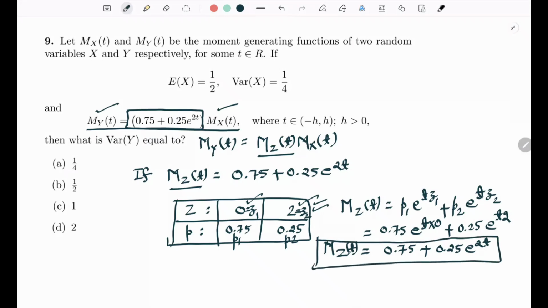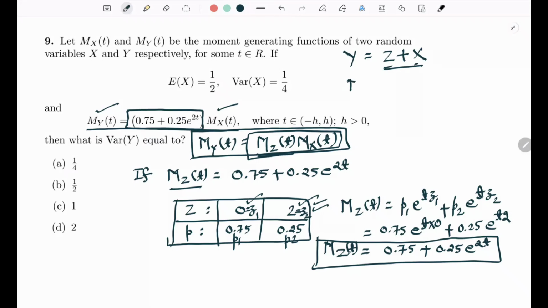So this MGF of Y is the product of two MGFs. We can say that Y is the sum of two independent random variables Z and X. Why? Because if Z and X are independent, then the MGF of their sum will be equal to the product of their MGFs, right?